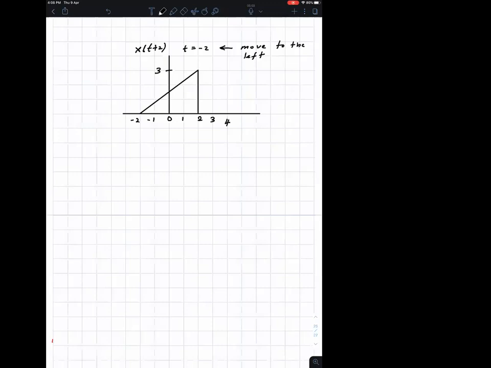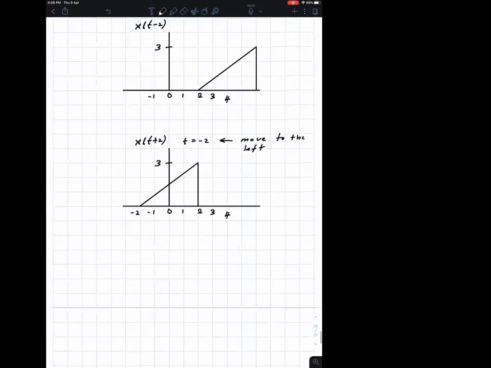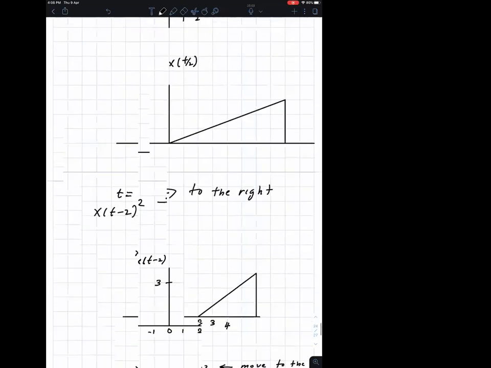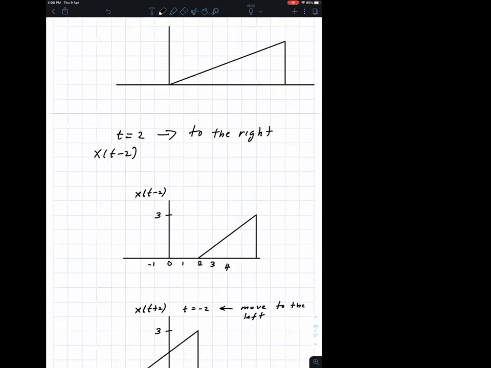No, sir. So this is time shifting. Forgot to say what this is. It's called time shifting.